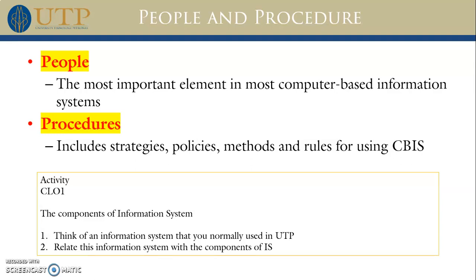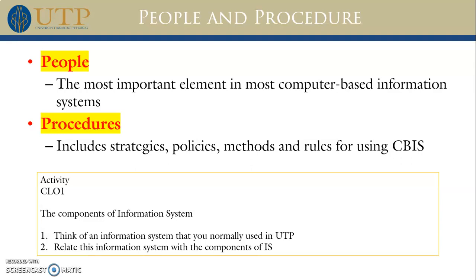Procedures refer to the strategies, methods, processes, and policies for using the system. In the train ticketing system, the steps to book tickets are an example of procedure. Who has access to the system is also a procedure.